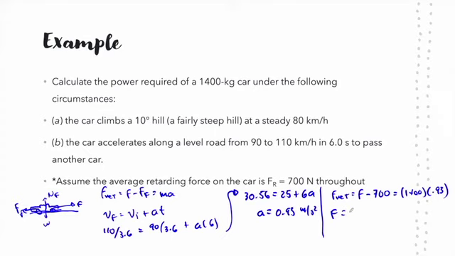So that gives me approximately 1,996.3. And so the power supplied by the car is force times velocity.